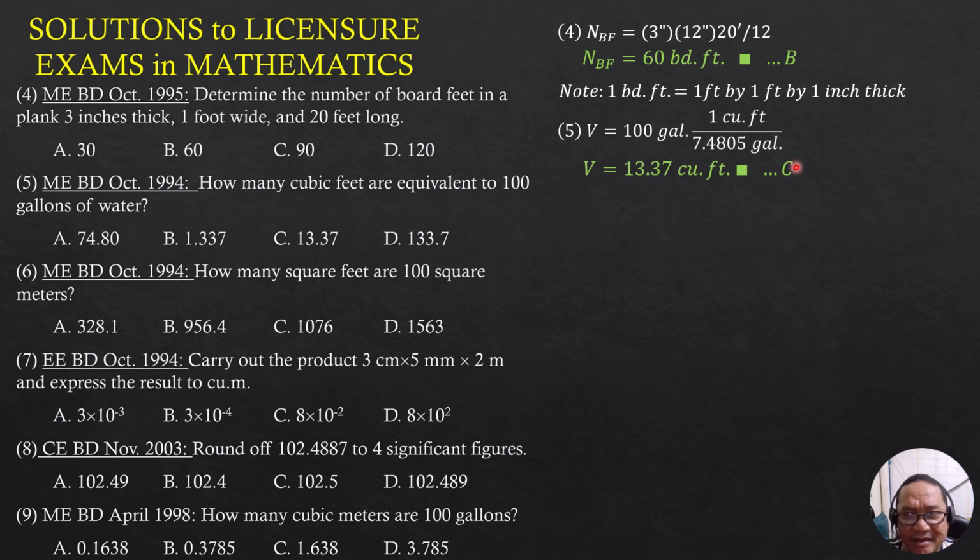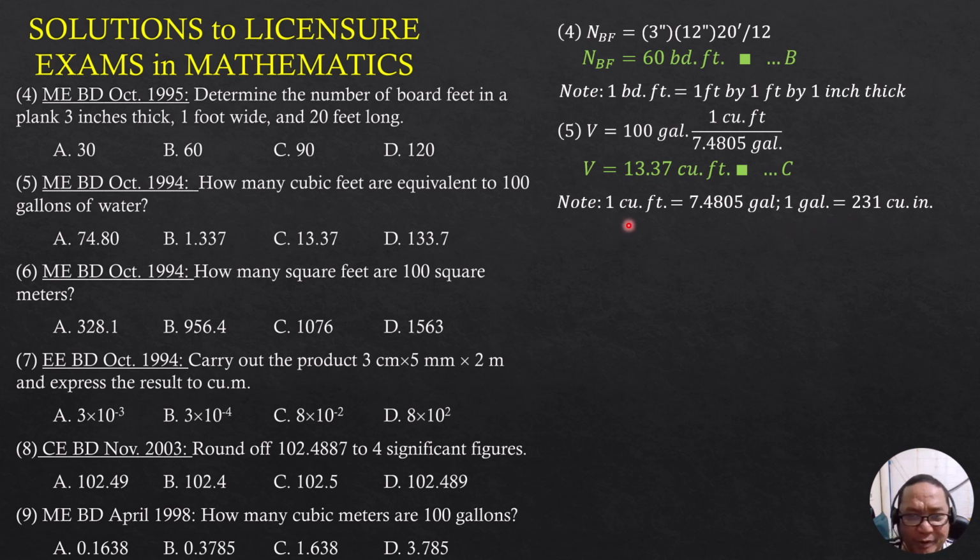1 cubic foot is 7.4805 gallons, and 1 gallon is 231 cubic inches.